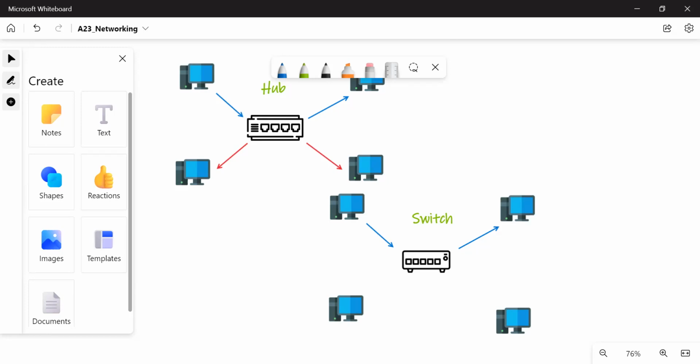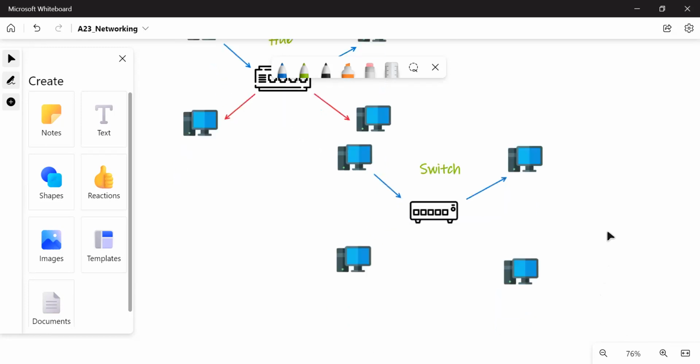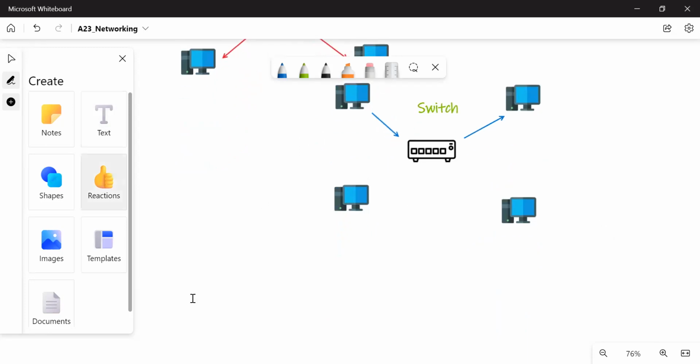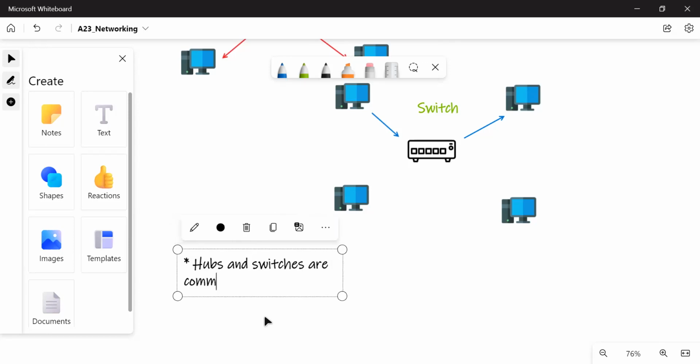Okay. So let's write down. We will say that hubs and switches are common devices that could be found on networks.